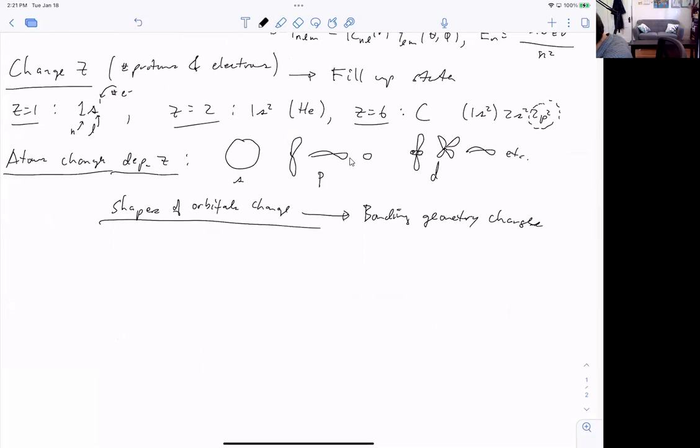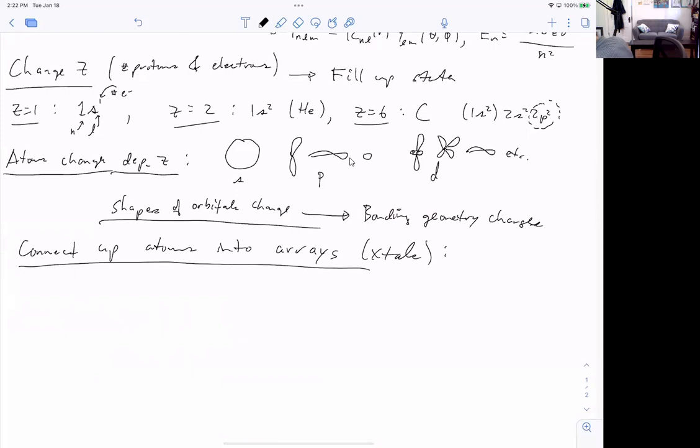And so what we can do is start connecting up. If we connect up atoms into arrays or networks, however you want to call it, really what we want to call it is crystals, then you start getting a lot of behavior that's different from just an individual atom. So let's connect the atoms up into an array.